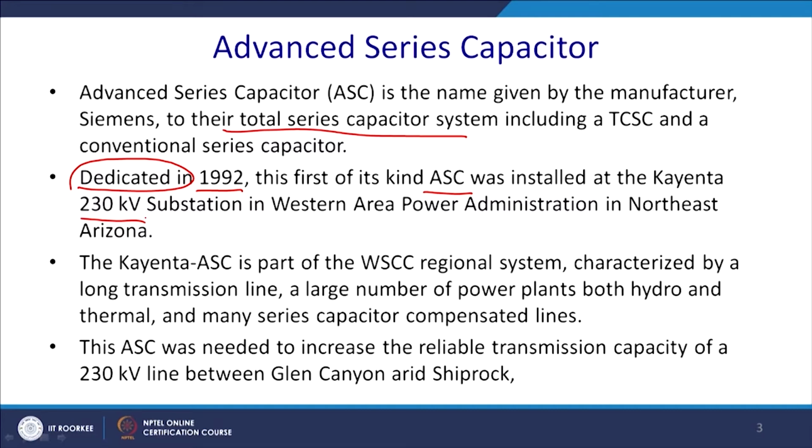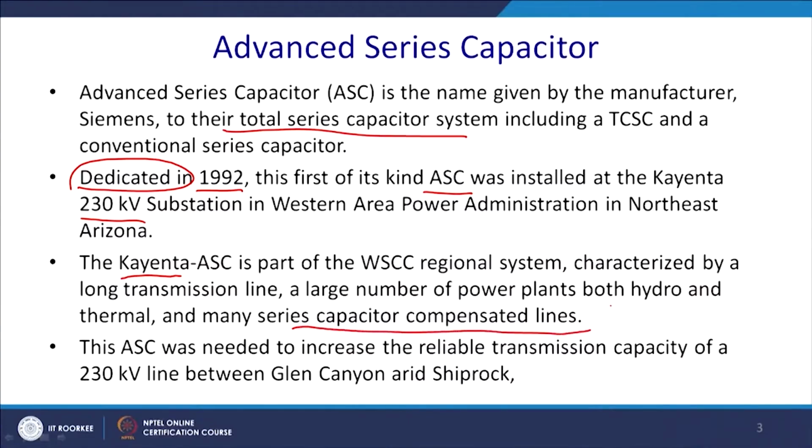So, thereafter, around 35 years ago, the advanced series compensator is part of the WSCC regional system, characterized by long transmission lines. You can see that there is a large angle difference, and a large number of power plants, both hydro and thermal, and many series compensators were placed in that line.